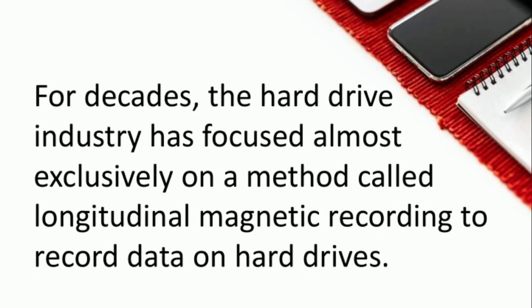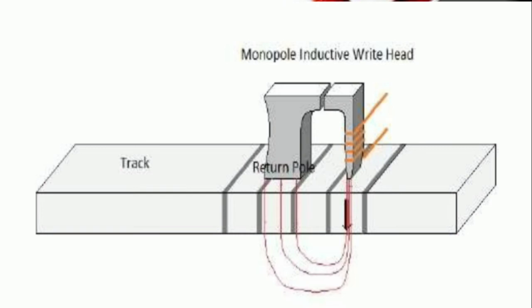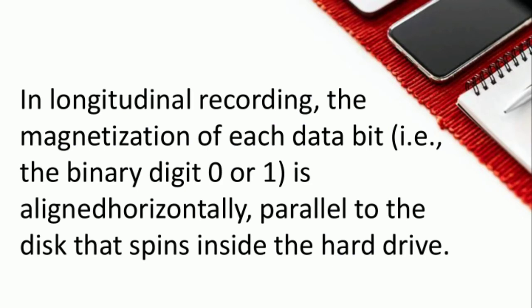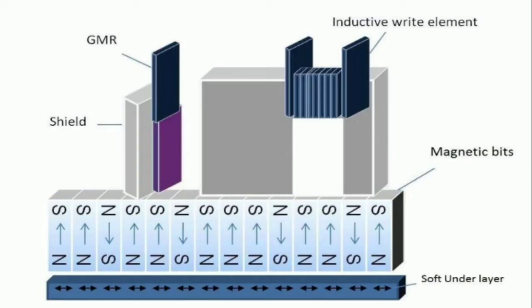For decades, the hard drive industry has focused almost exclusively on a method called longitudinal magnetic recording to record data on hard drives. In longitudinal recording, the magnetization of each data bit, that is the binary digits 0 or 1, is aligned horizontally, parallel to the disk that spins inside the hard drive.